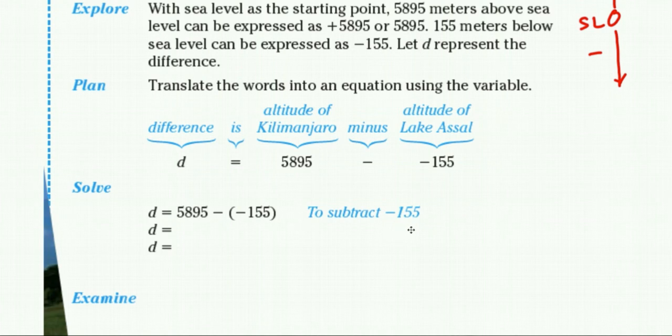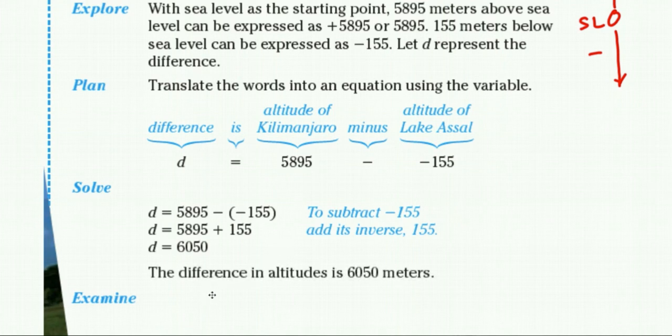To subtract 155, we need to add the additive inverse of negative 155, which is 155. So we simply add 5,895 plus 155. The sum would be 6,050.